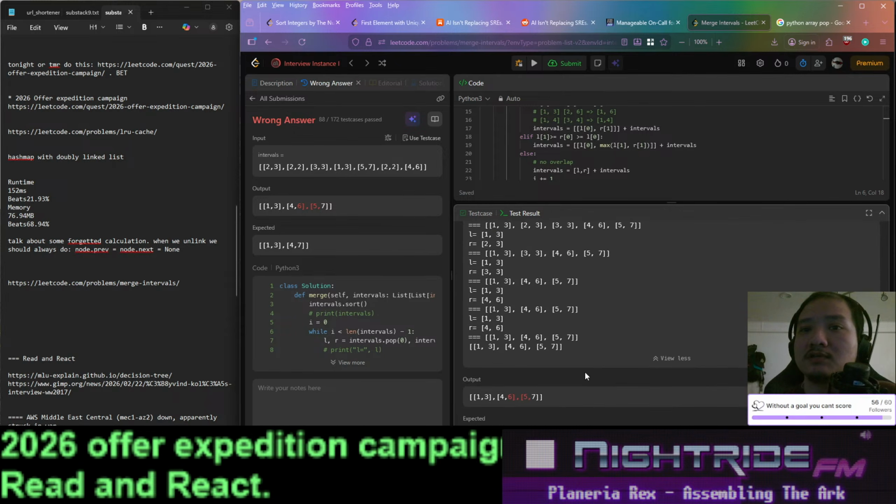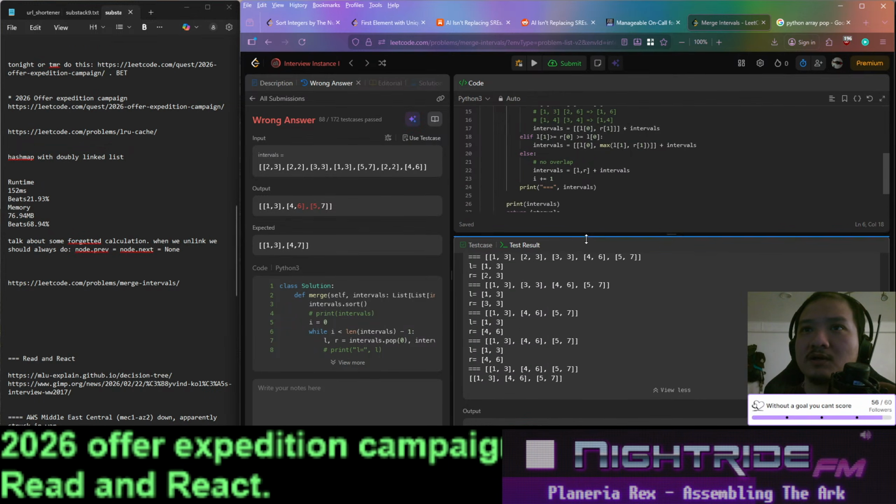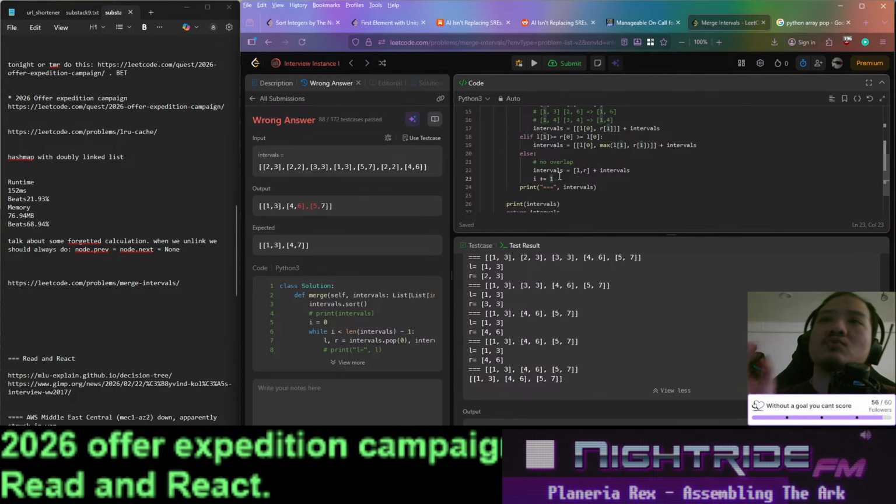So in this case, look at these two, okay? Why didn't we look at okay, so no overlap, right? When there's no overlap, we plus or equal to 1.